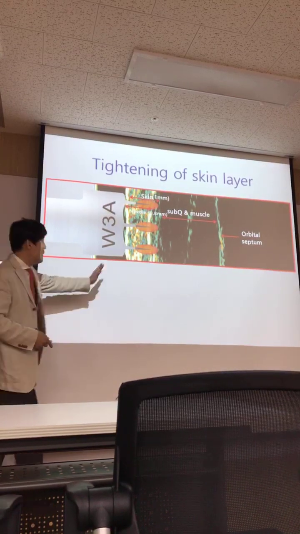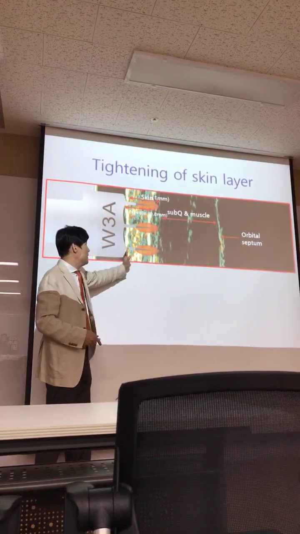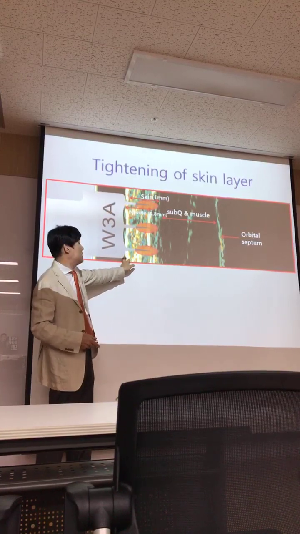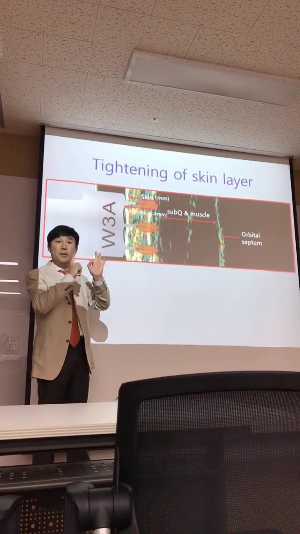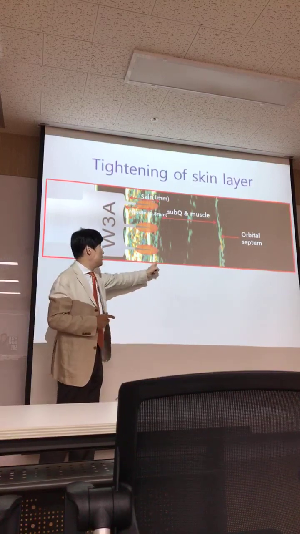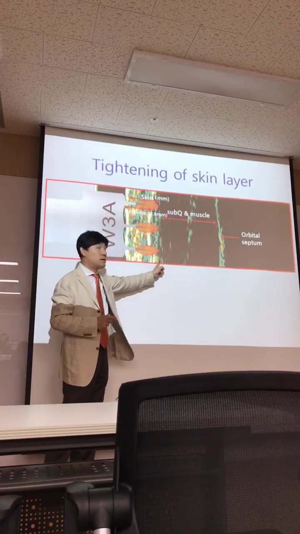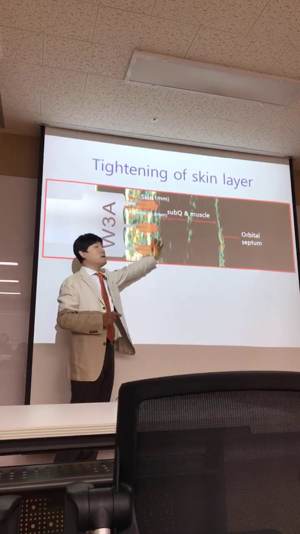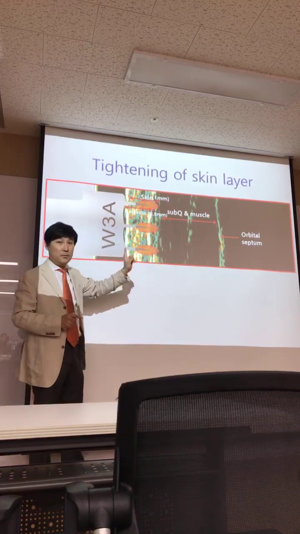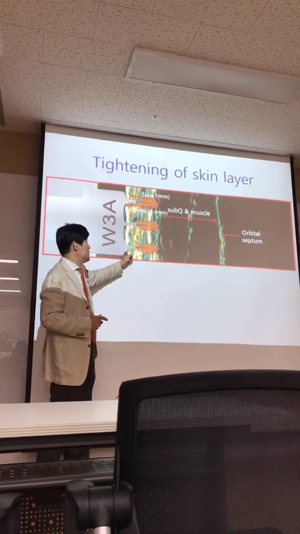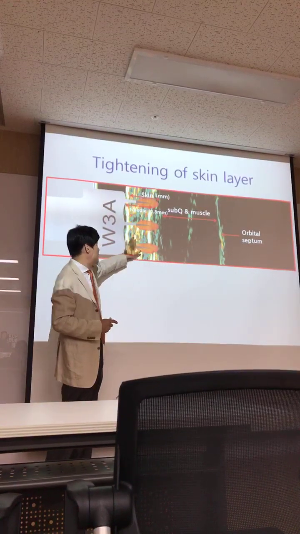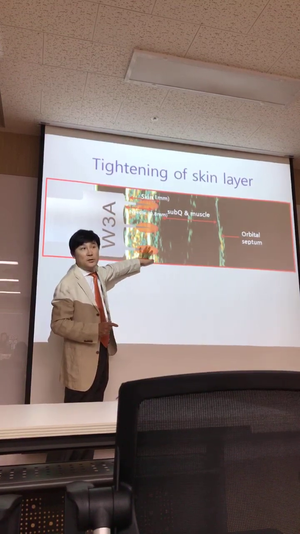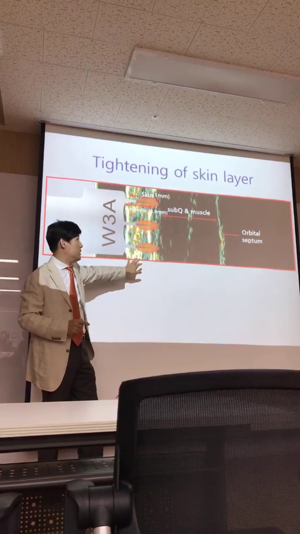From the outside, this is the epidermis. The thickness is 0.1 millimeter, and here is the skin. From here to here is skin. My eyelid skin thickness is 1 millimeter. So this W3A needle protects the upper part and gives the heat into the dermis of the eyelid.